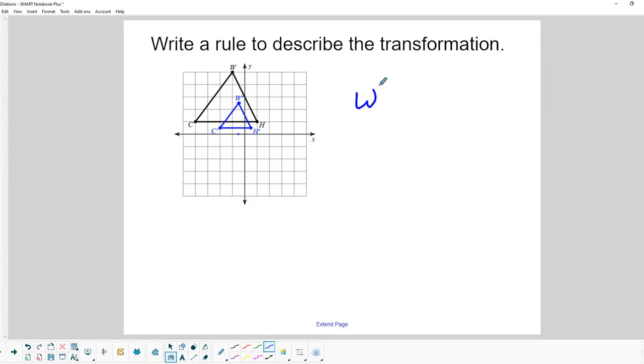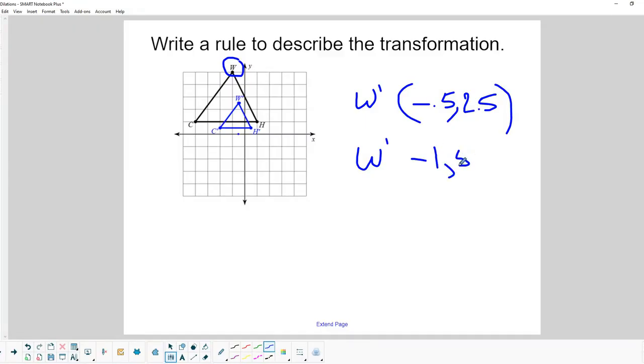So W prime is -0.5, 2.5. And then our old image, W itself, is -1 and 1, 2, 3, 4, 5. So -1 and 5.